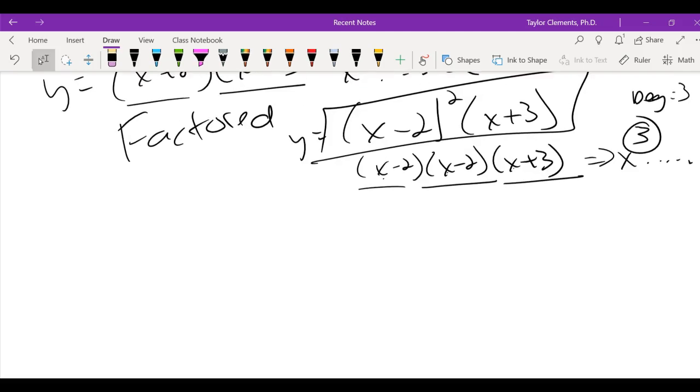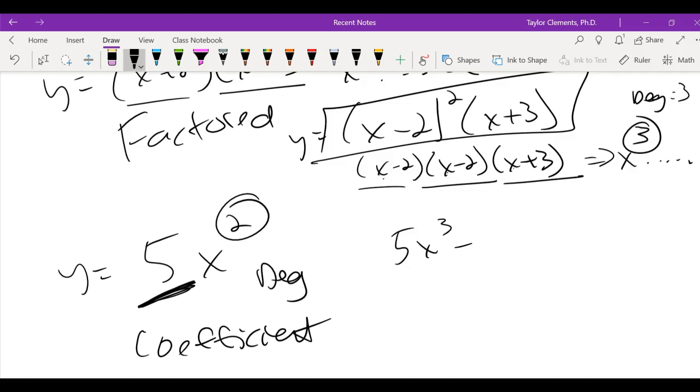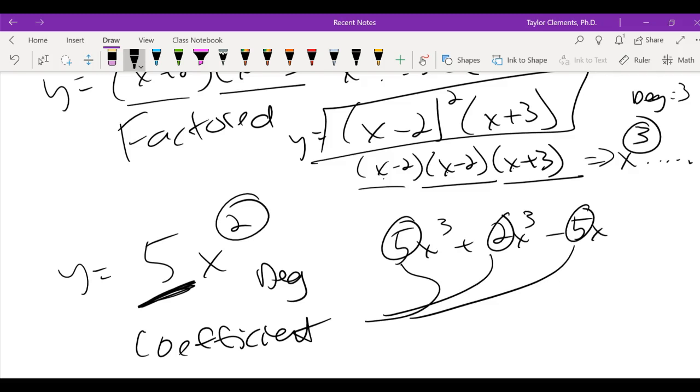Okay, coefficient. So like this example right here, degree 2. Coefficient is the number in front of a term, number in front of x in a term. That's coefficient. So in this example, those are all coefficients.